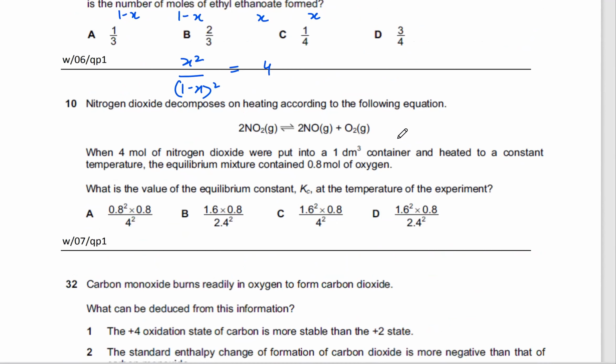Tell me, what's the Kc expression in this case?